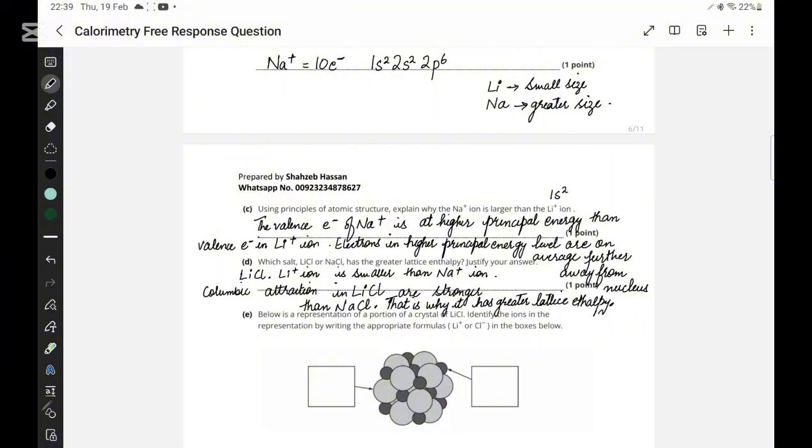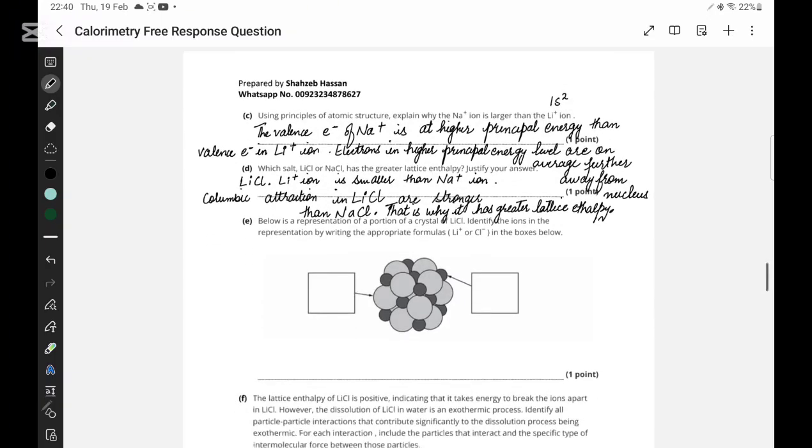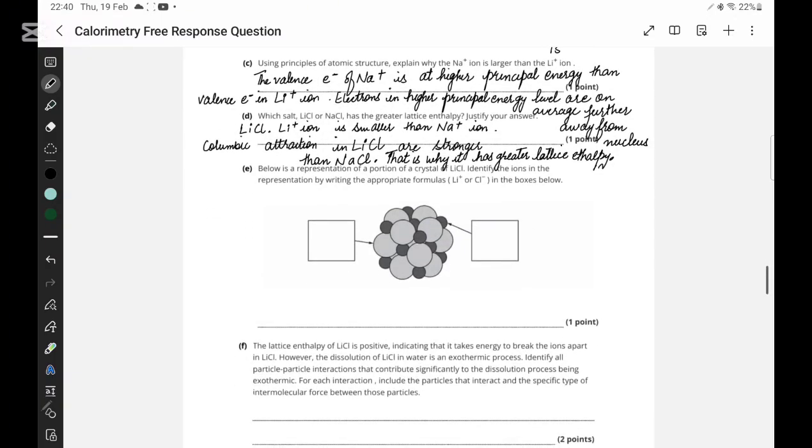So LiCl would have the greatest lattice enthalpy.